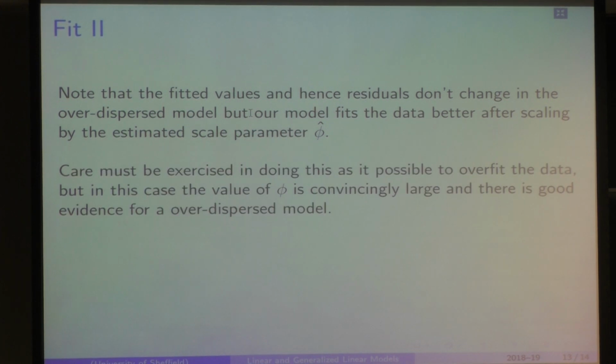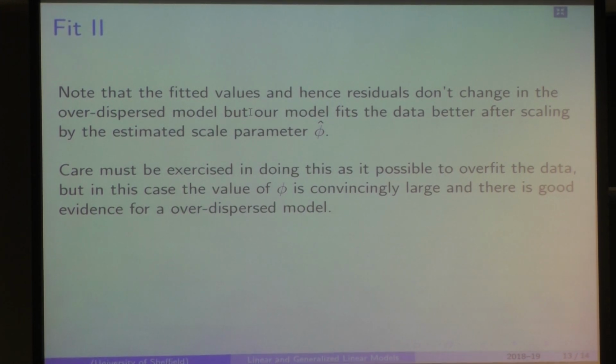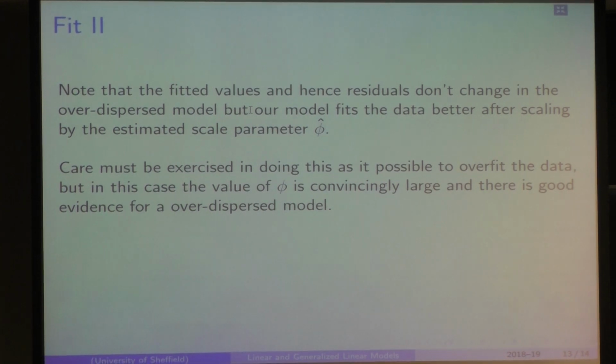Okay, there is a bit of a health warning here. You can end up essentially overfitting the data in this situation. The particular data set I've just gone through is one where there really is quite good evidence that there was something wrong with the original model. Those deviance and Pearson chi-squared values were very high for a binomial model.